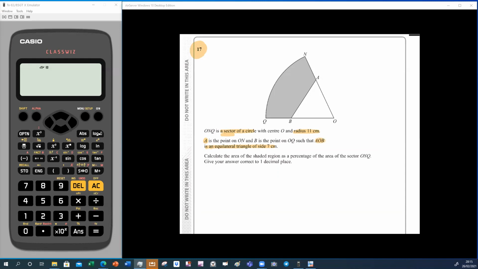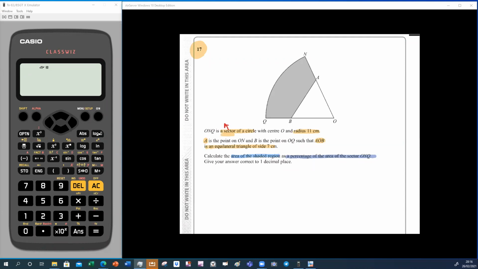So here comes the task: calculate the area of the shaded region as a percentage of the area of the sector. There's quite a bit going on in this question number 17, and it is a 5 marker. So can you first of all pick up the key words, please, Ismail, and tell me what the words mean?